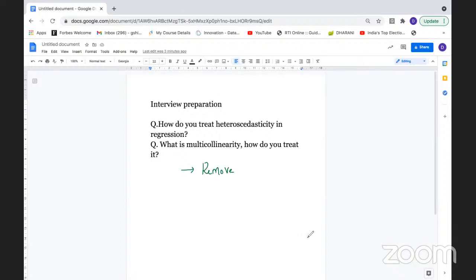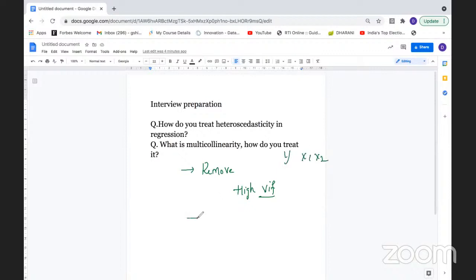So if you have two or more factors with a high VIF, that is variance inflation factor, you remove one of them, one out of x1 and x2.